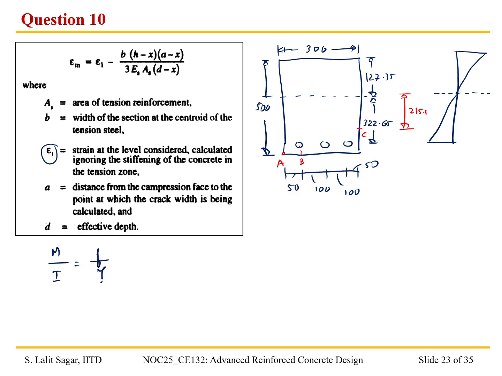F by Y. So we need to determine the stress at the level of steel, that is FCS, that is stress in concrete at the level of steel, that is this one. Okay, let me write it as epsilon CS.